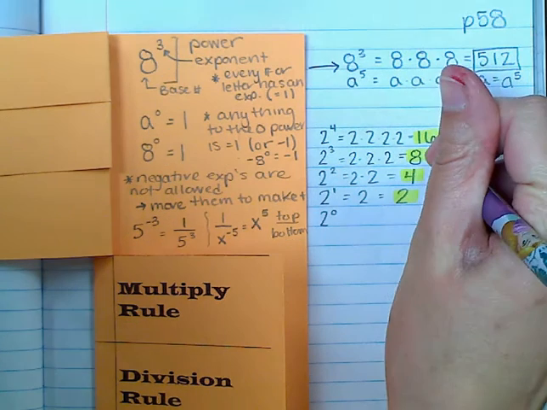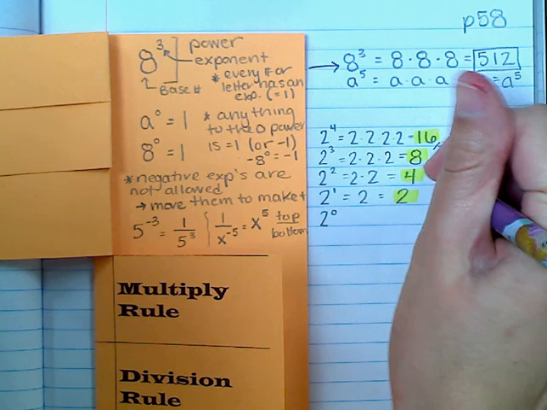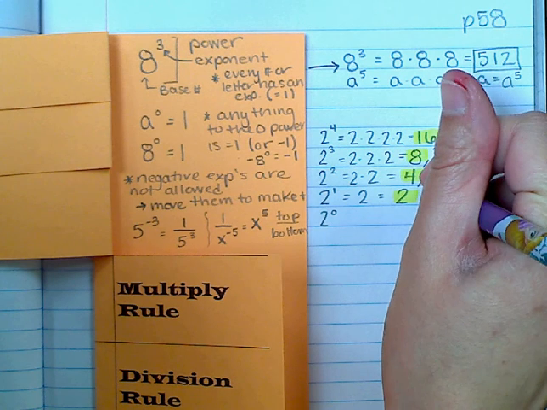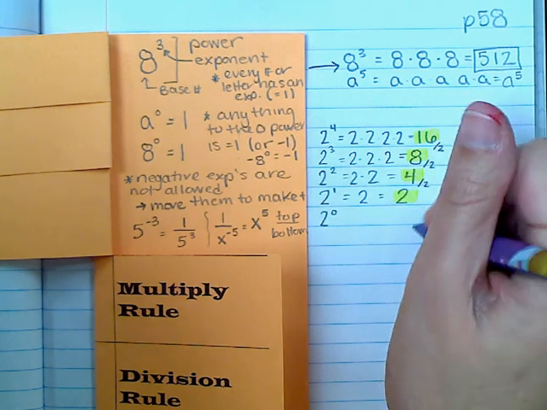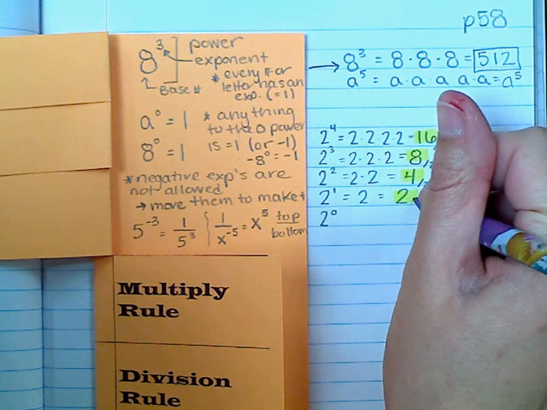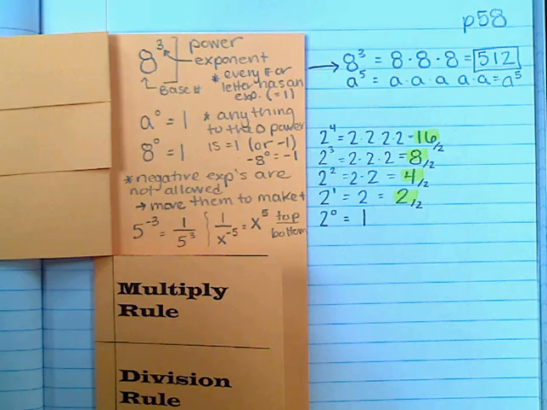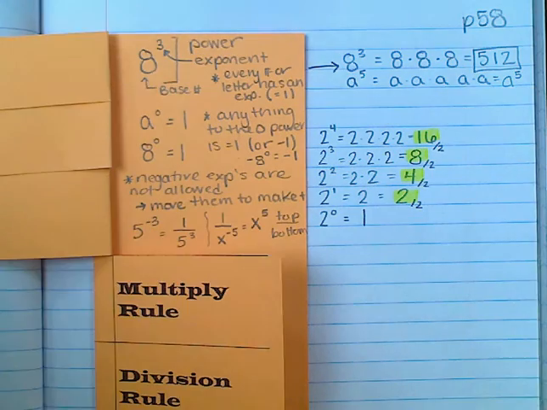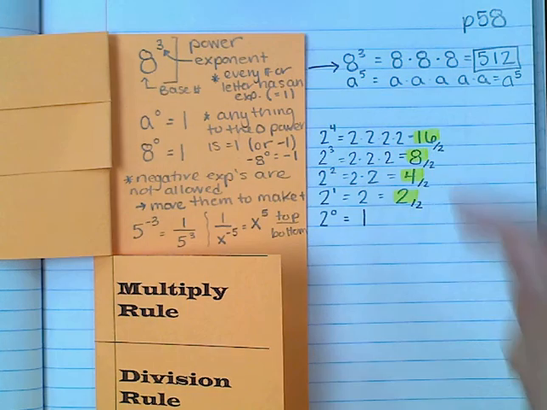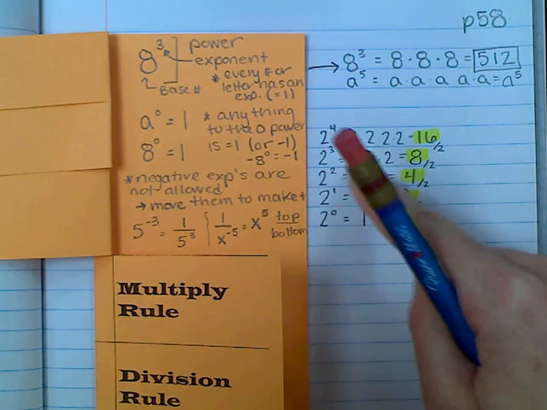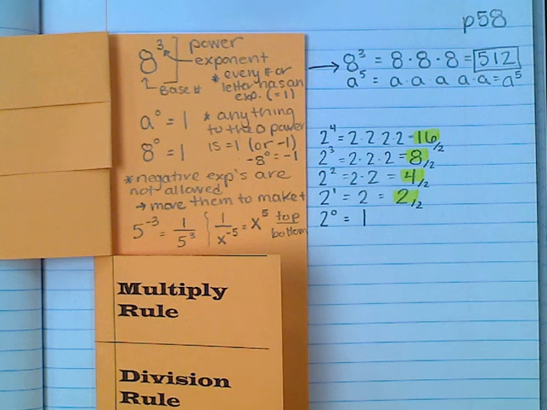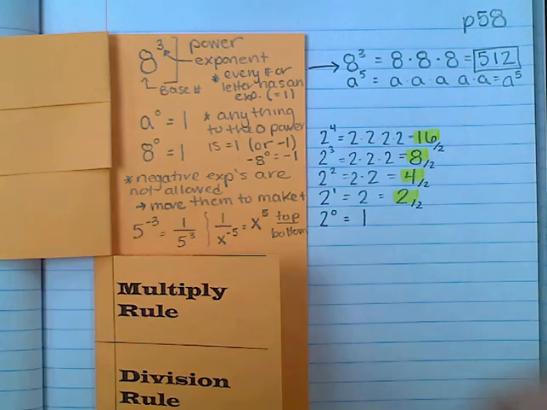So we're taking half of 16, that's 8. Half of 8, that's 4. Half of 4, that's 2. And so I have to continue that pattern. Half of 2 is 1. So that's kind of why that happens. And if you look over here, it's like I have 4 2's, then 3 2's. So it is like I divided 2 away. I took one of those multiplications off. And when I undo multiplication, I'm doing division.